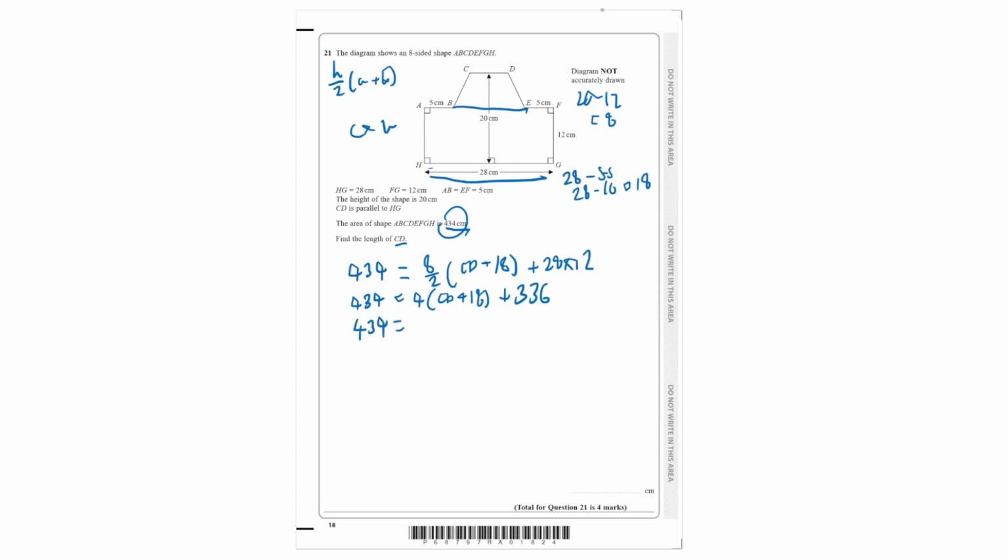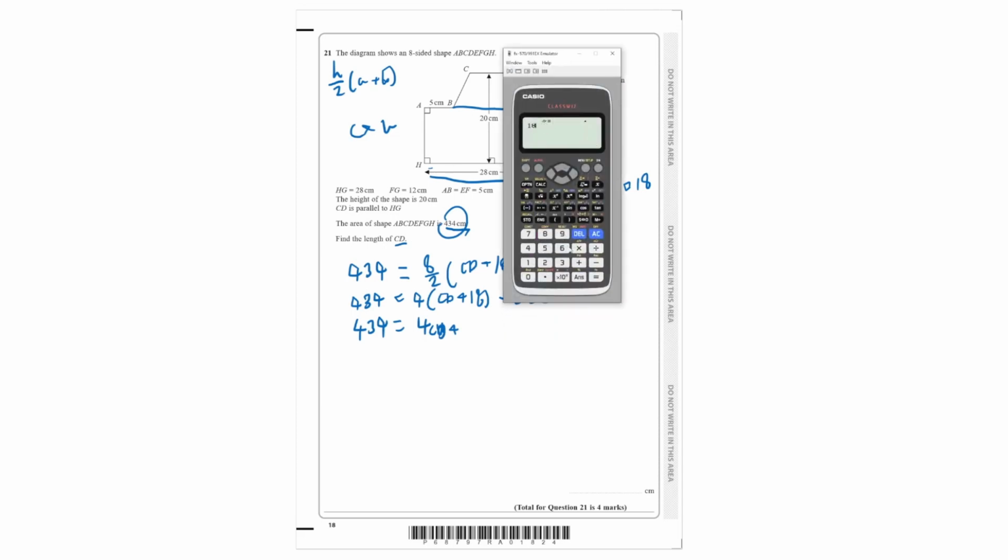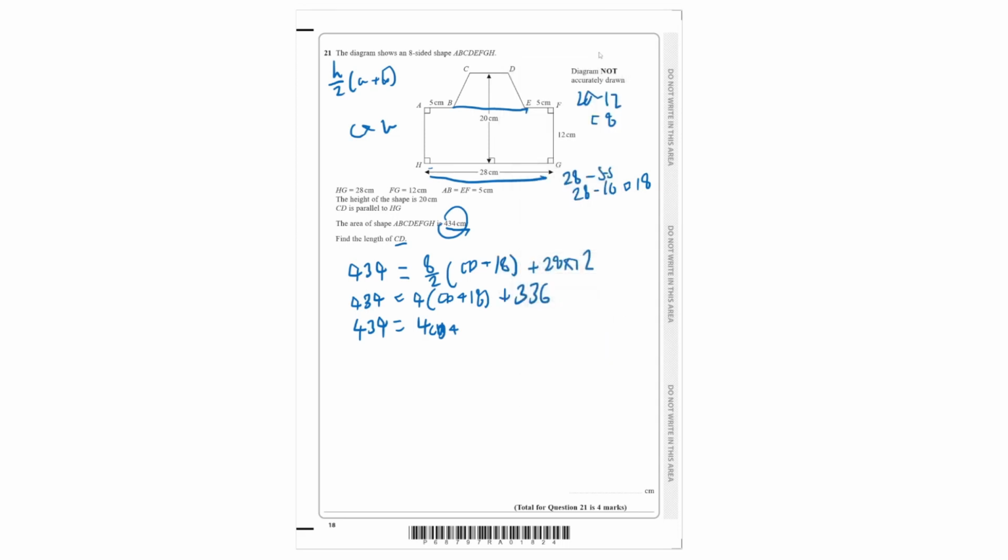434 is equal to 4 times CD, so we'll just write 4CD plus 18 times 4. So we can find out 18 times 4 gives us 72. So we write here 72 plus 336. We can then combine these two values.